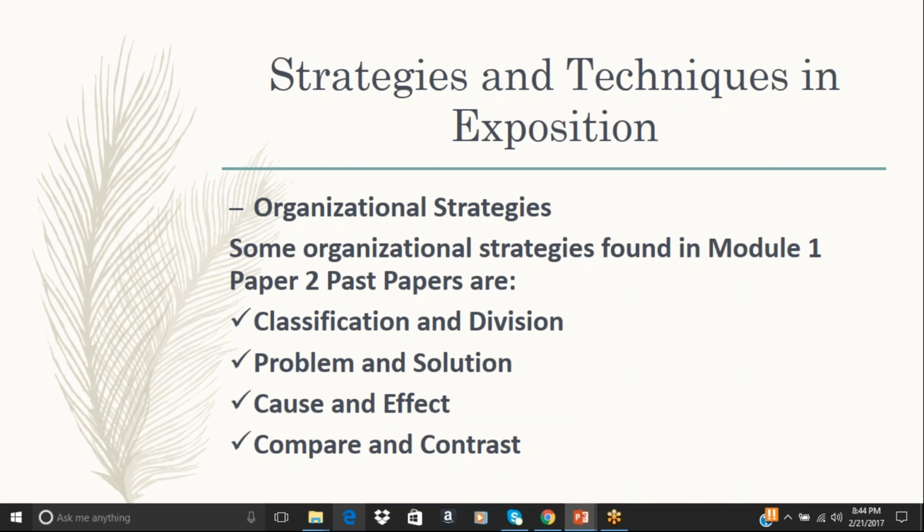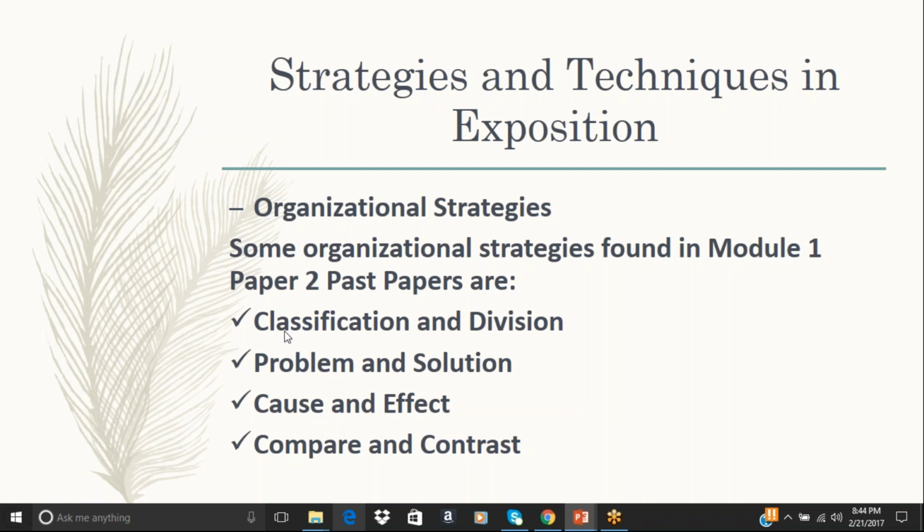There must be some problem and solution, there must be some cause and effect, there must be comparison and contrast. And all you need to do is write about 2. Well, of course, if they ask you for 3, you write about 3, but you really need just to talk about 2. All right. So once you identify the passage as being expository, it must have some comparison and contrast, some cause and effect, some problem and solution, or some classification and division.